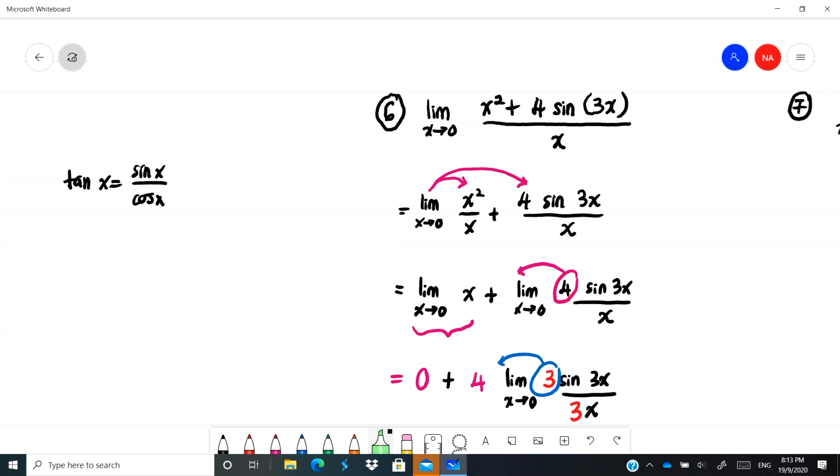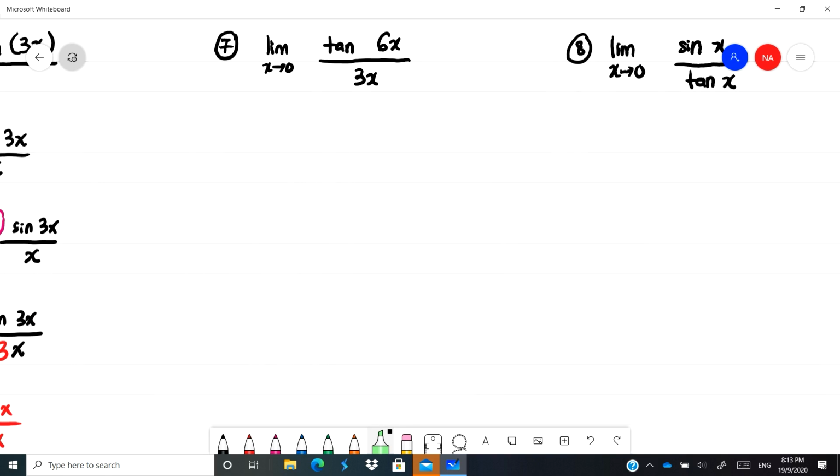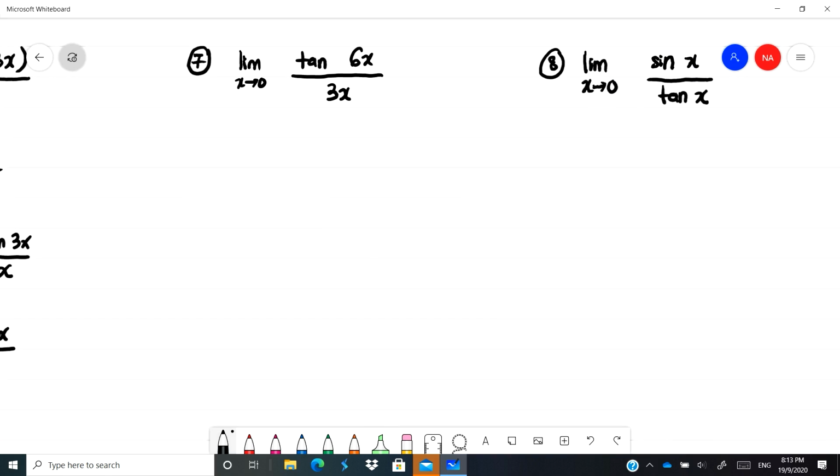I always memorize it as t as c, so tangent is actually sine over cos. So in this case, tangent 6x will be converted into limit as x approaching 0 of sine 6x over cos 6x.